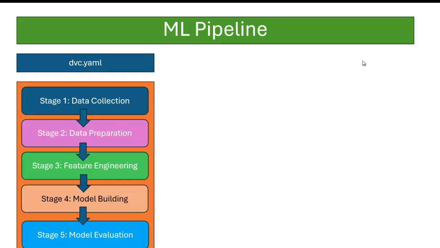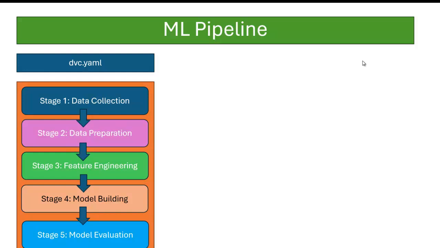You can see different stages: stage 1, stage 2, stage 3, stage 4, and stage 5. Means what inputs are required for this stage, what output will be generated by this stage, and how to run this stage.